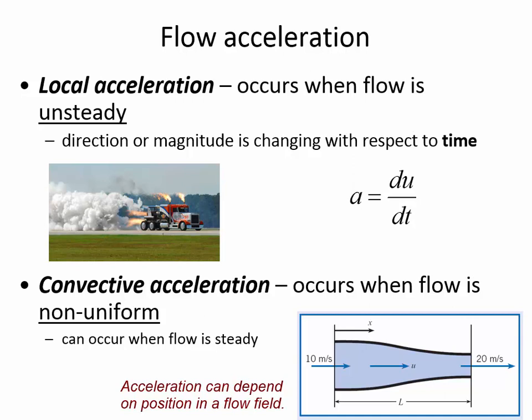Because in a straight section of pipe where the diameter is staying the same, there's no change in velocity with respect to position. And so if we had water going through here instead of that, it would be steady if the flow rate is always the same going through this section, or it would be unsteady if we're constantly increasing and decreasing the flow rate through the pump.